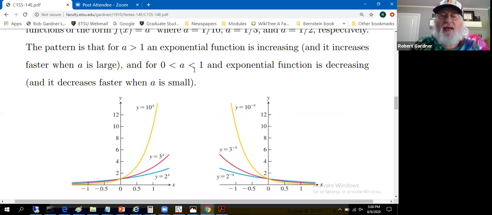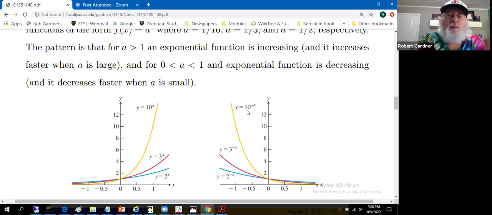And when the base a is between 0 and 1, like I say it is for these three, they're decreasing functions. Here we've got in blue 1/2 to the x power. Take that negative, put it on the 2, as just discussed. I would treat the red one as 1/3 to the x power and the yellow one as 1/10 to the x power, so that these look like what we've defined as exponential functions.